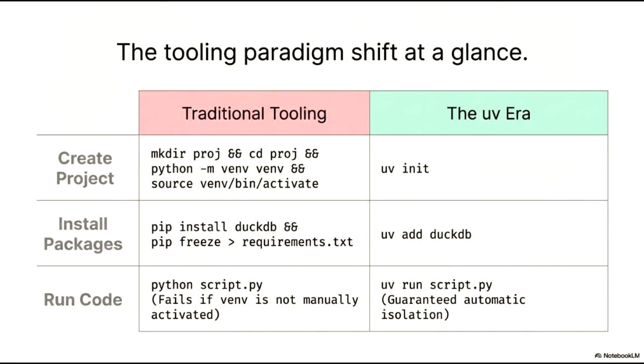The UV approach handles dependency additions and project state updates atomically with a single command. Lastly, for code execution, UV eliminates the common point of failure, where scripts fail due to unactivated environments. By using uv run, you gain guaranteed automatic isolation, ensuring your code runs in the correct context without any manual overhead. This shift fundamentally reduces developer friction and enhances project reproducibility.